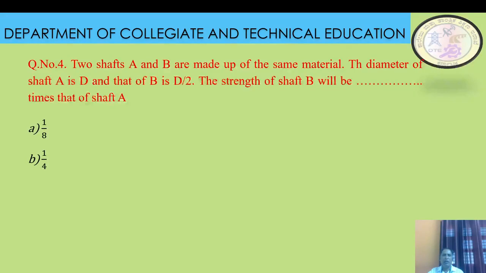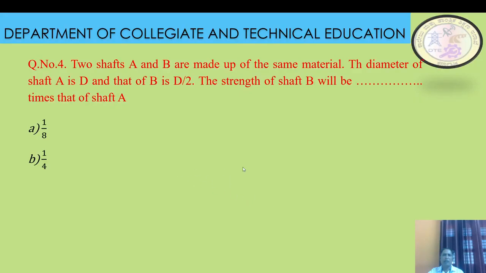Just put the equation for the shaft A as T A is equal to pi by 16 D cube into tau, and next equation for the shaft B as pi by 16 D by 2 cube into tau. As the material of the shaft is the same, therefore shear stress will be the same.